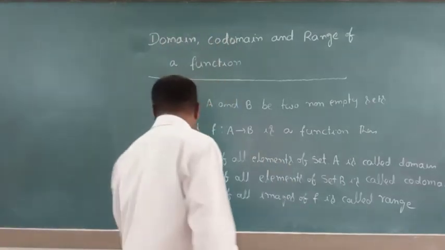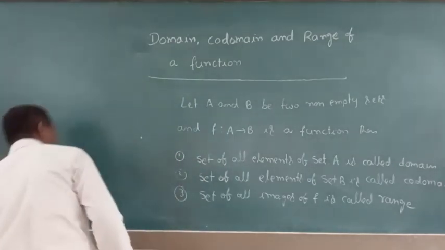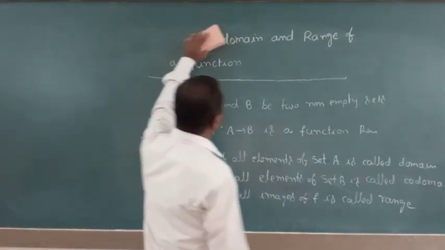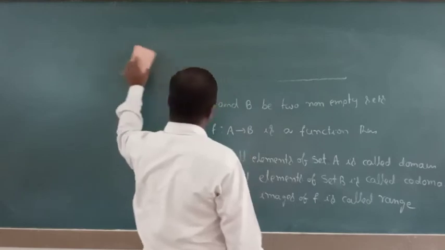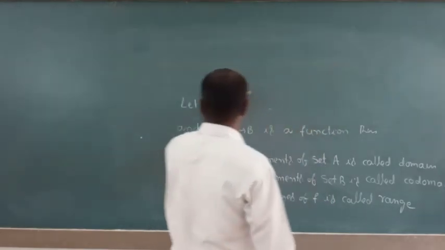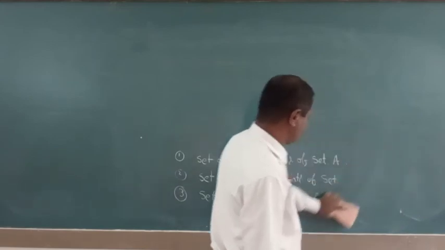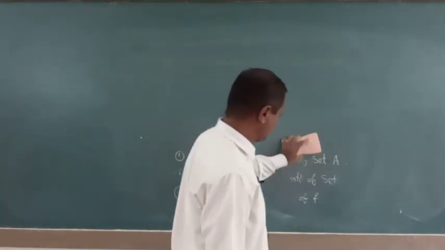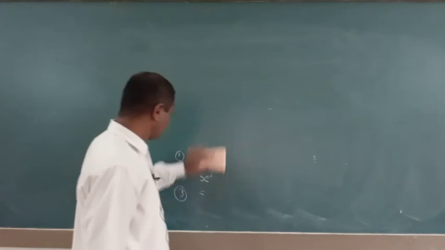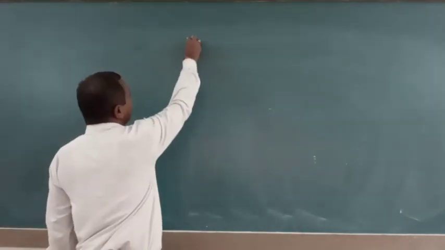See, diagrammatically I will show which is domain, which is codomain, and also range, and also I will tell you about images. Here is an example.